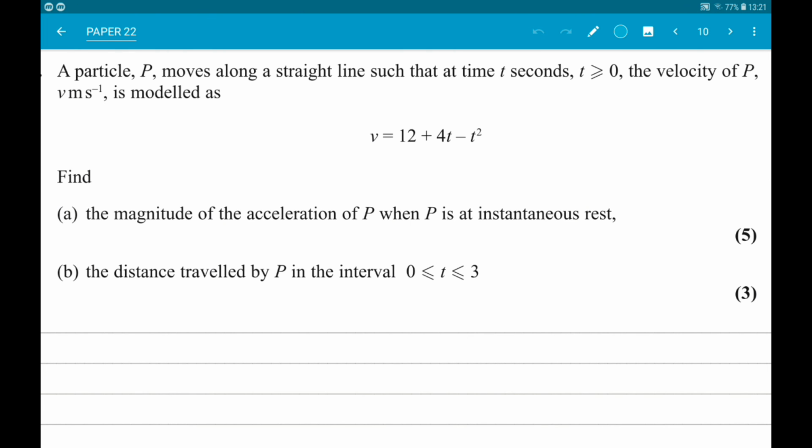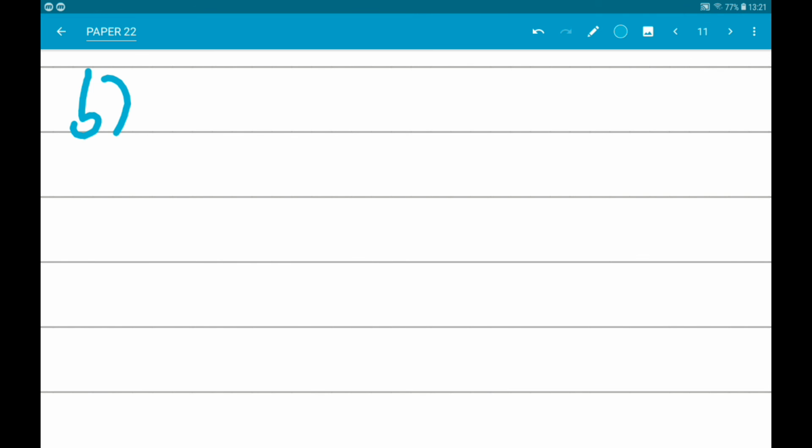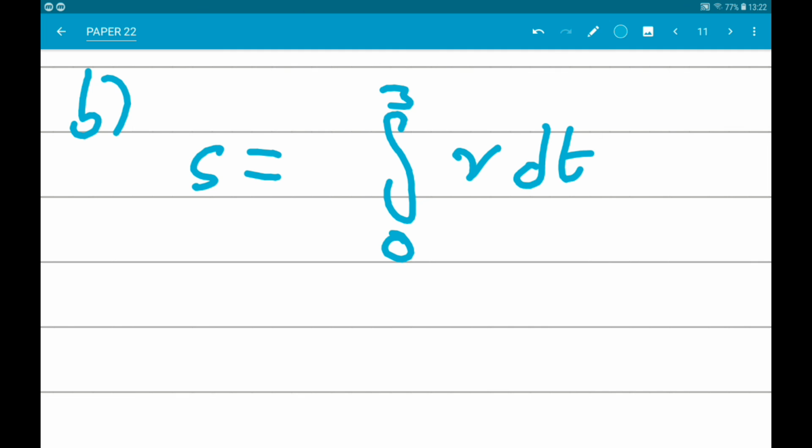Part B, find the distance travelled by P for t from 0 to 3. So, displacement is the integral of velocity. So we want the integral between 0 and 3 of v dt.